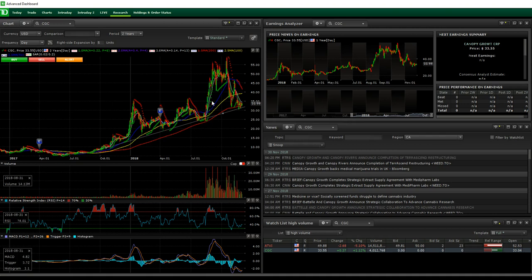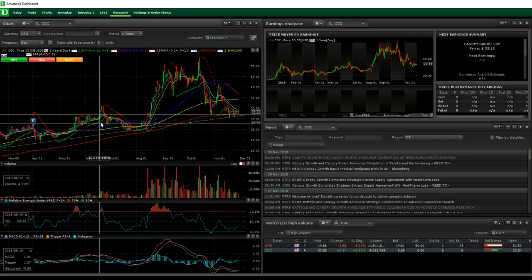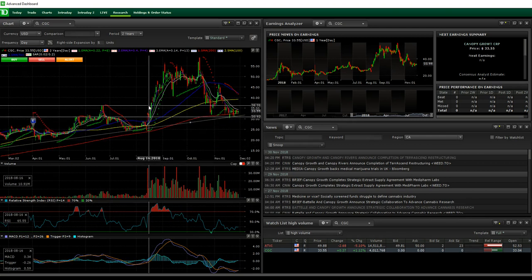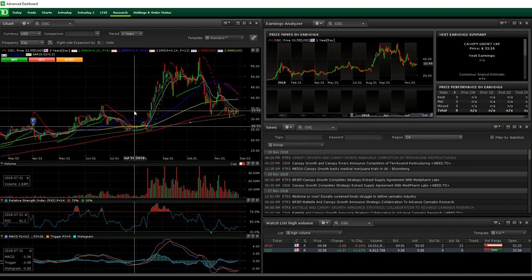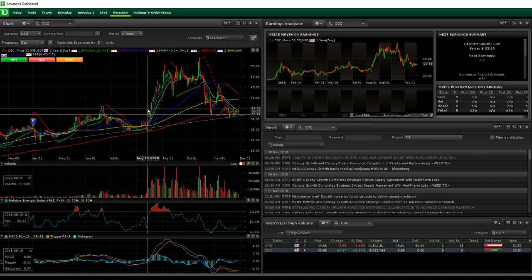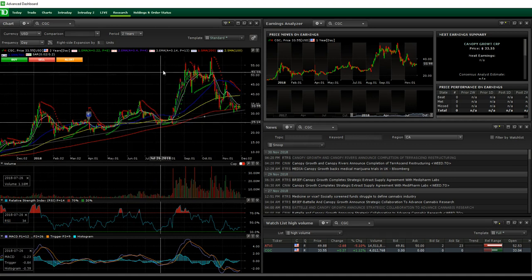Notice how this trend line isn't perfect. If we zoom in closer, we can see that it actually managed to close below it, but the very next day it opened back above that long-term trend, which was a bullish sign. And then there was heavy volume that day too, so that's really the sign that the next leg up was going to occur.